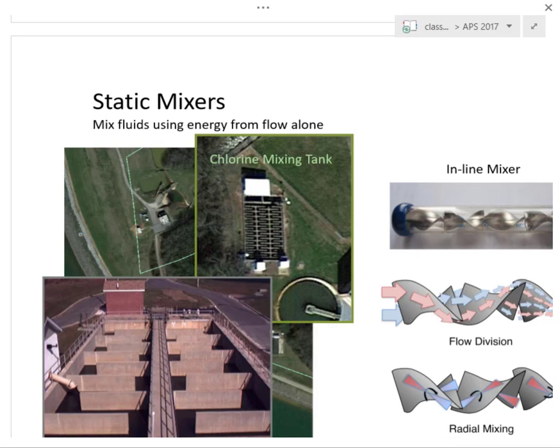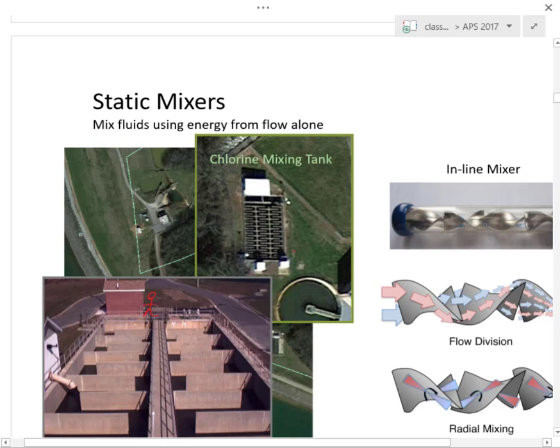There are a variety of things that happen, and at the end they put in some chlorine to disinfect the water, and they want to mix it in very thoroughly. So there's a big tank, and this is an aerial view, and here it is in perspective, and so there are buildings, here's a person about that size.